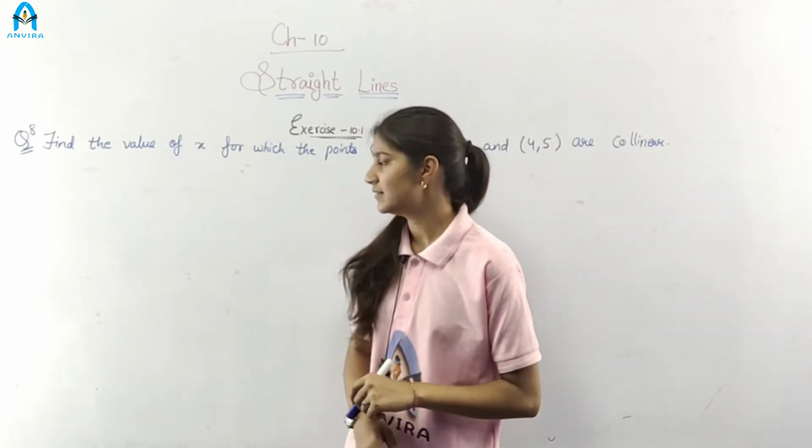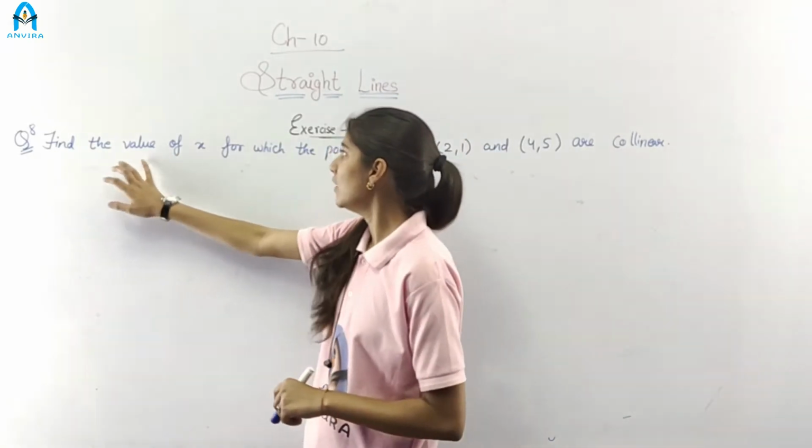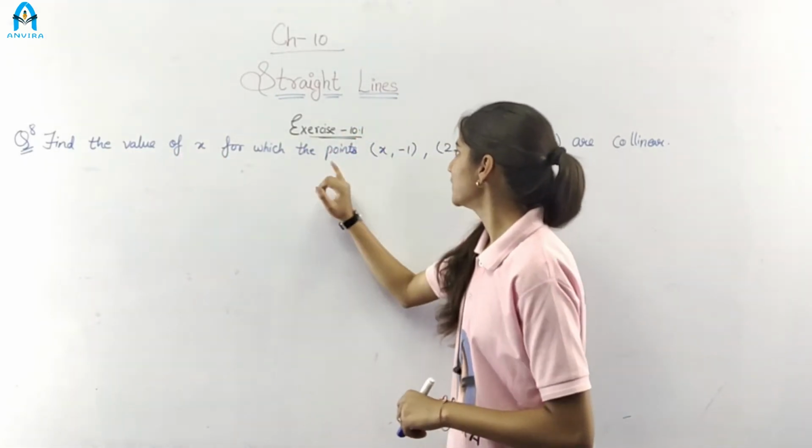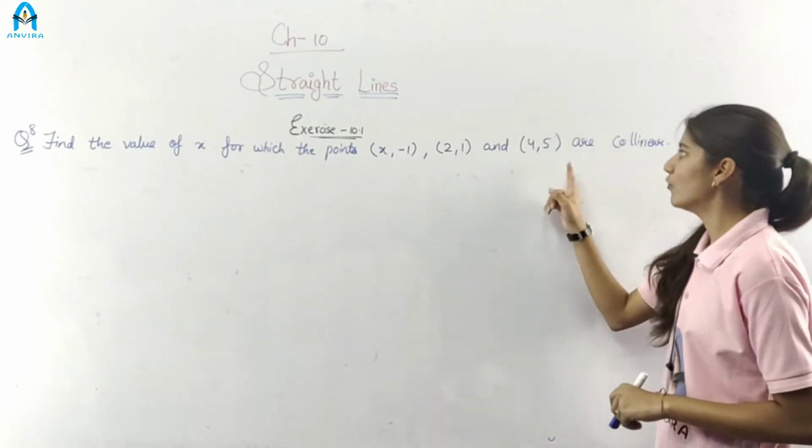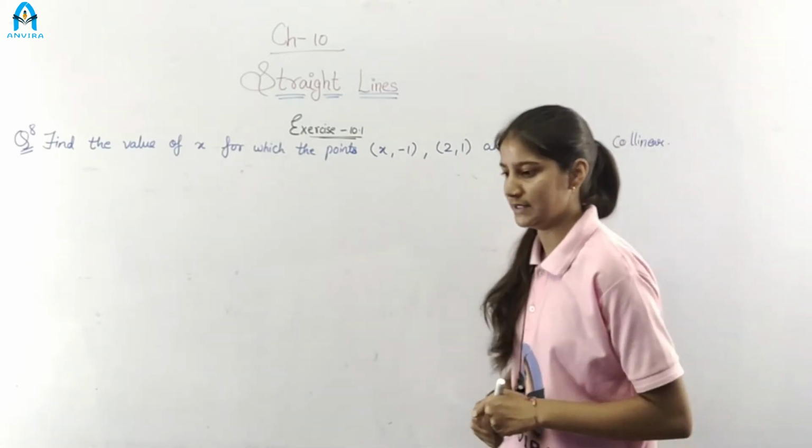Question number 8 states: find the value of x for which the points (x, -1), (2, 1) and (4, 5) are collinear.